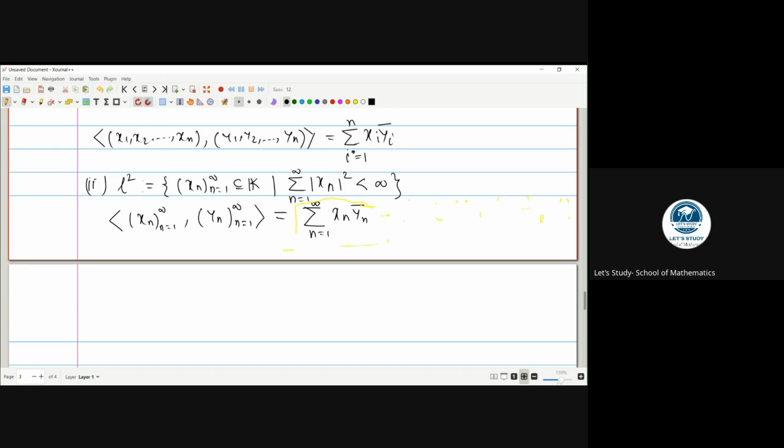This implies that there exists a natural number k such that for every n greater or equal to k, mod xn is less than 1, and hence mod xn square is less than mod xn. And now then what?